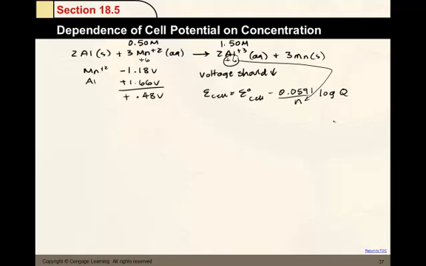Alright, so E cell, how do we get it? E cell equals E0 cell. Now I've already gotten that, 0.48 volts, and I got that, of course, from the standard reduction potential chart. Minus 0.0591 over 6 log Q. Now Q is the concentration of products over reactants.